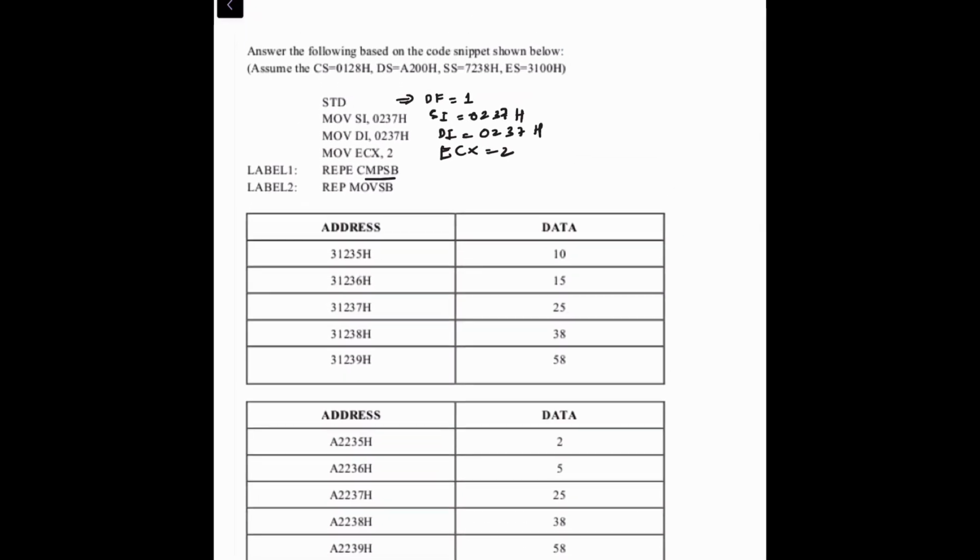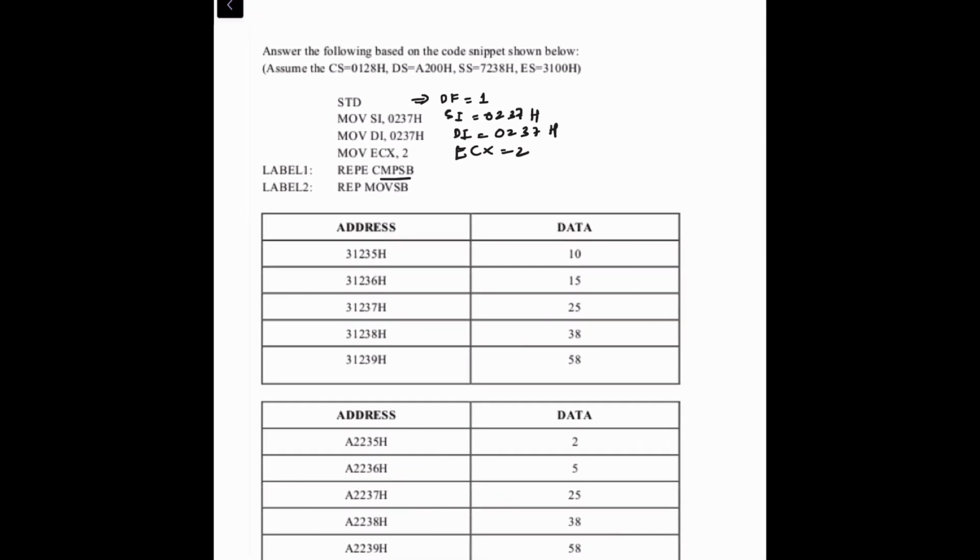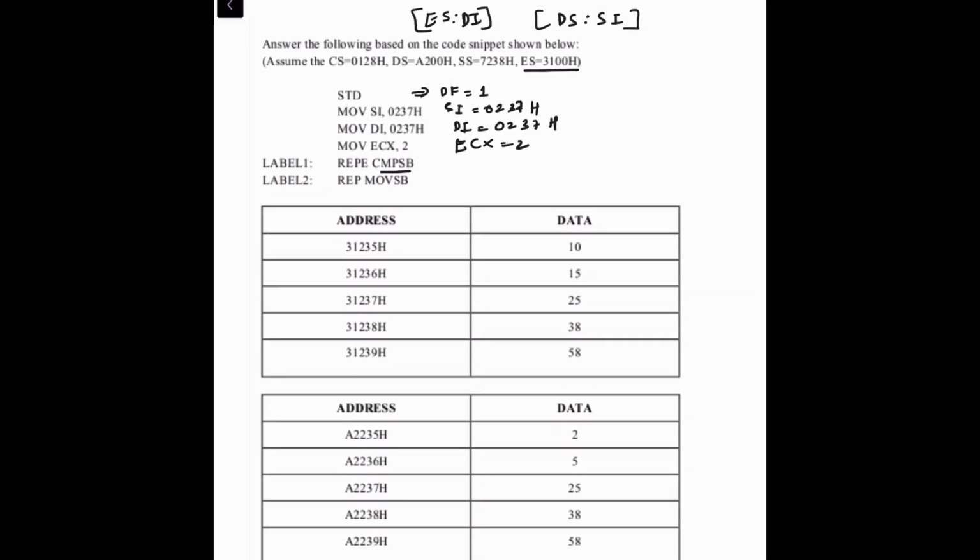So what is SI here? It is basically ES colon DI and DS colon SI. So ES is 3100 and SI is given as 0237.